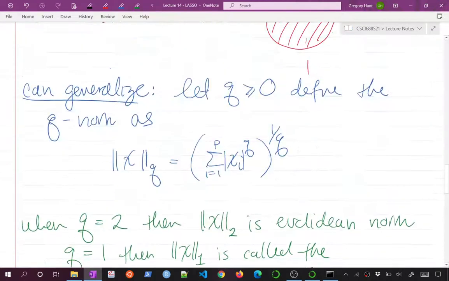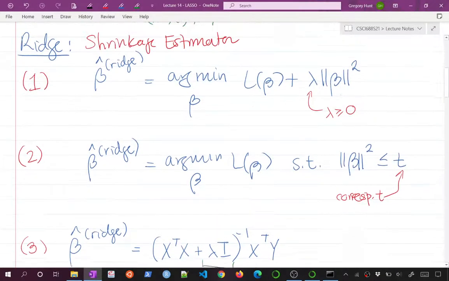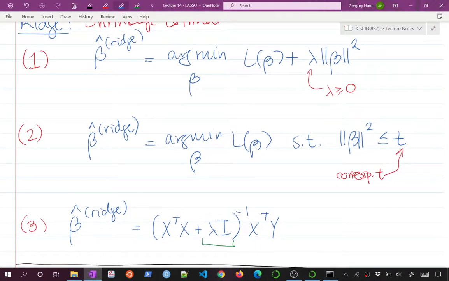Okay, so why did we start talking about this? When we went up to ridge regression, we had penalized this thing with the 2 norm. So I could actually add 2's here in all these places. I could see it as penalizing beta, or penalizing my loss using the squared 2 norm, or constraining my betas using the squared 2 norm.